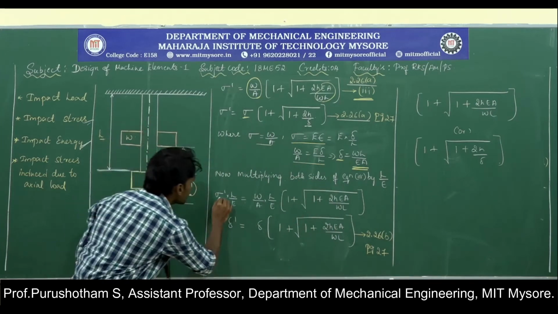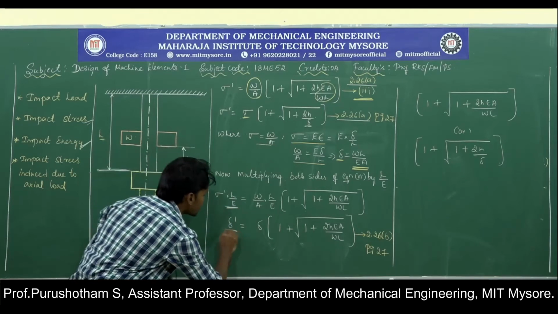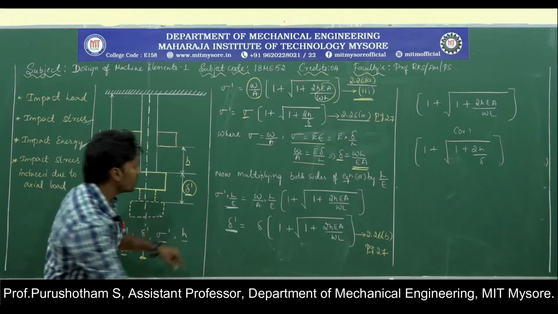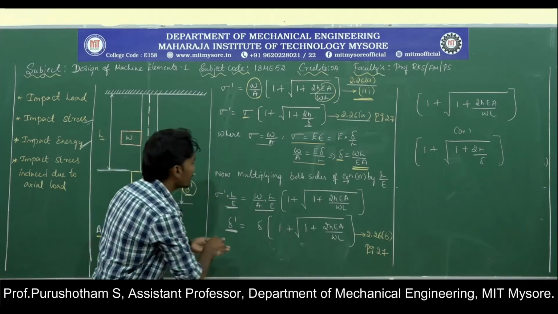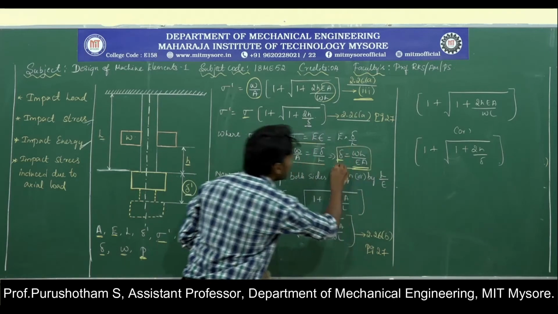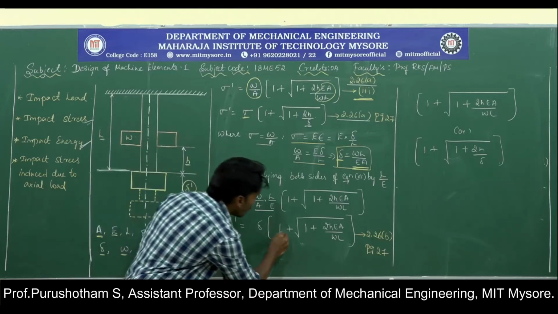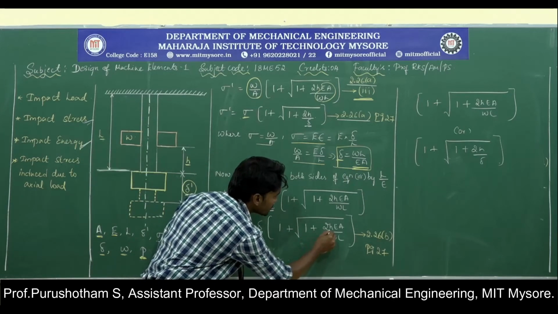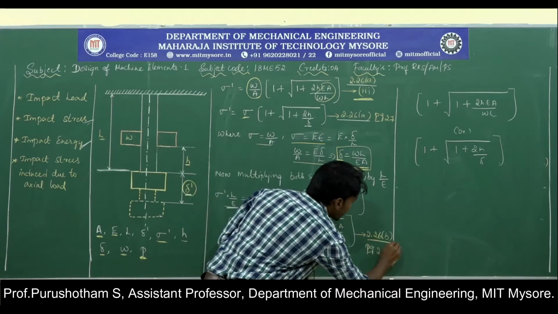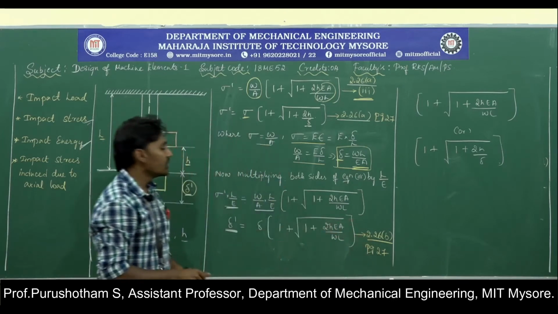Sigma dash into L by E is given by delta dash, the instantaneous deformation due to the impact load, which is equal to WL by AE, the static deformation, into 1 plus square root of 1 plus 2H EA by WL. This is available in the data handbook, equation number 2.26b, page number 27.